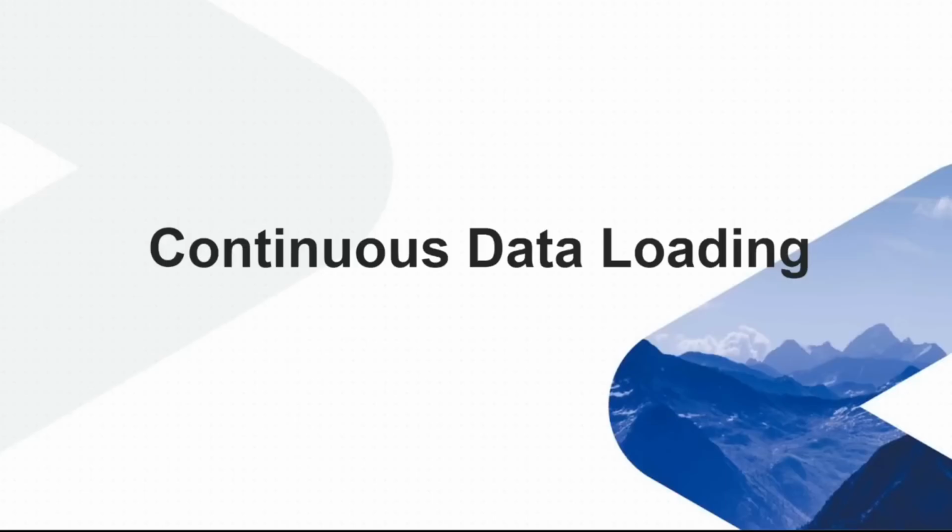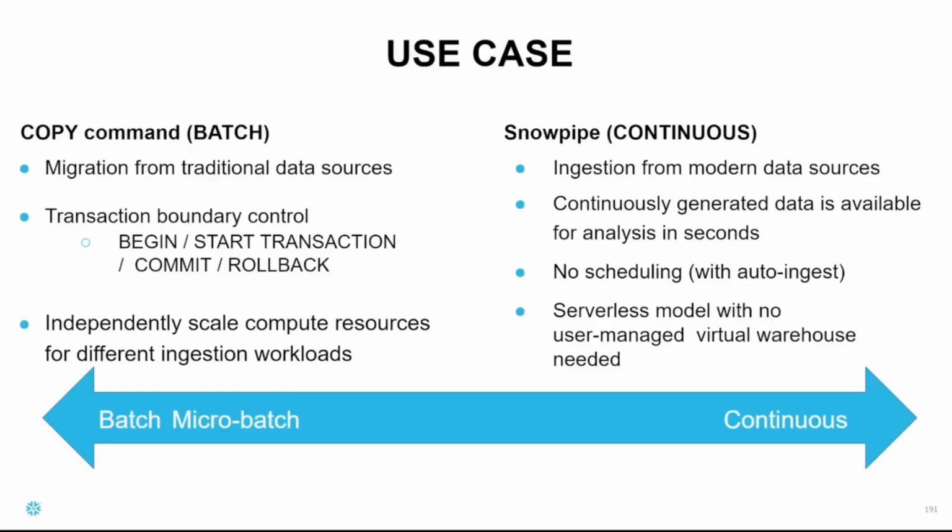Now let's see the second approach, where we want to load the data continuously into our Snowflake. That can be done through a Snowpipe. So this is the use case where you can apply either the copy command or a Snowpipe. If you are migrating from traditional data sources where the data is coming in batches, you can use the copy command option to load the data in batches.